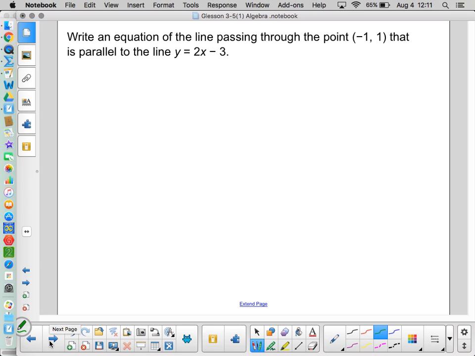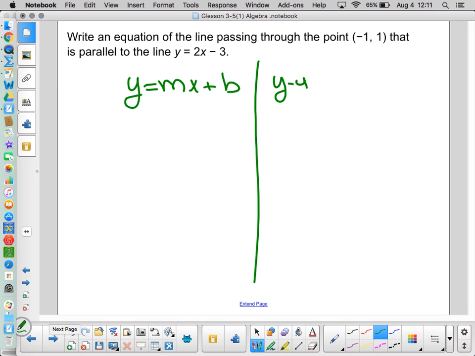We can use slope-intercept form, or we can use what's called point-slope form. The interesting thing and the useful thing about point-slope form is that that's really just a formula for slope.